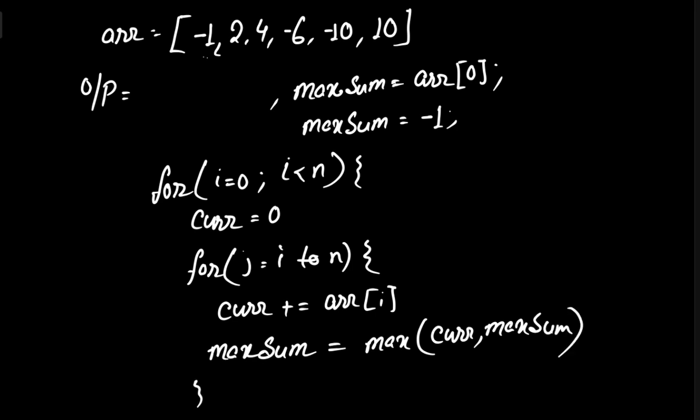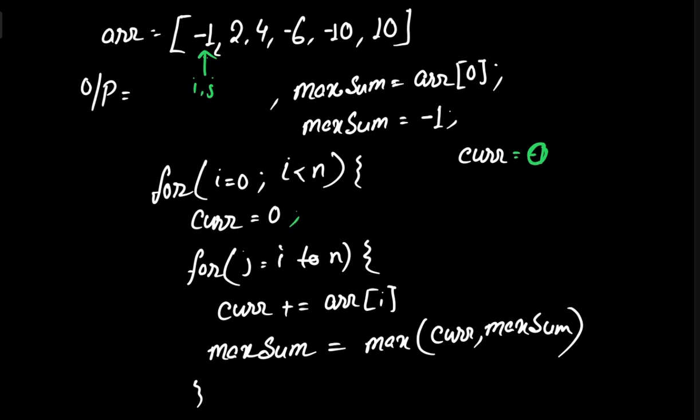Now let's take the diagram here. When i is 0, the current value is 0, and j is equal to i, so i and j are both here, and current will sum all elements up to n.